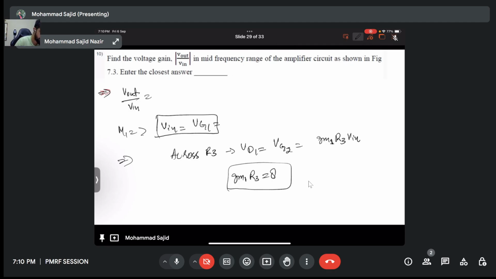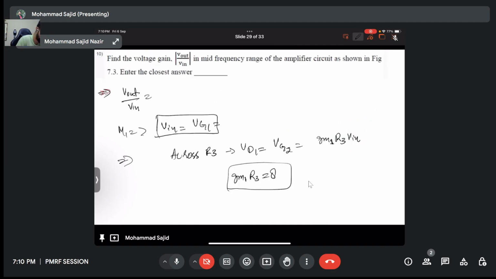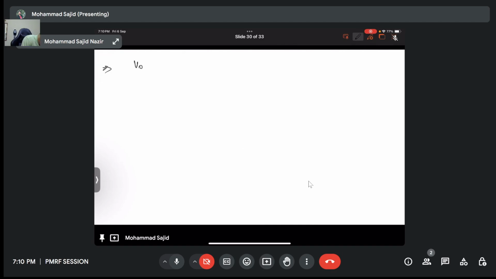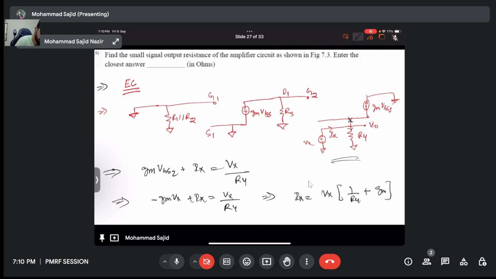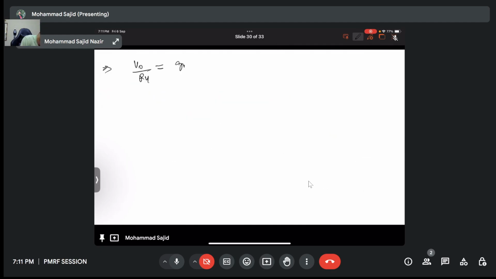And now, if I look at this equivalent circuit and assume the current flows in this way, I can write V0 by R4 is equivalent to the current flowing, which is Gm2 VGS2. So V0 is R4 Gm2 (VG2 minus V0).